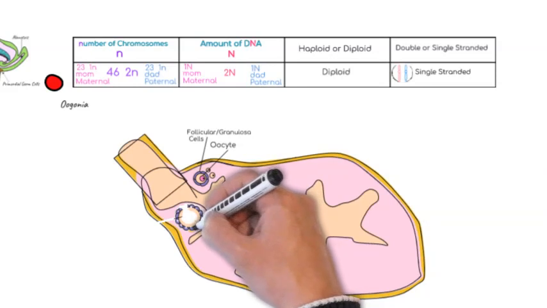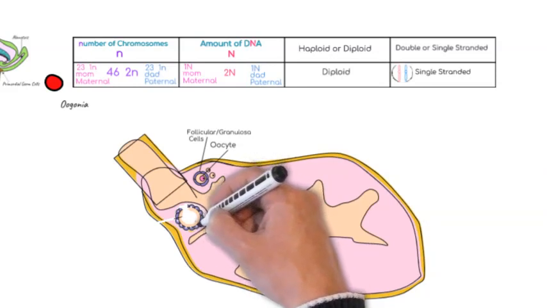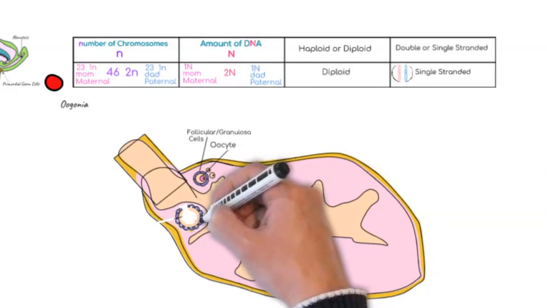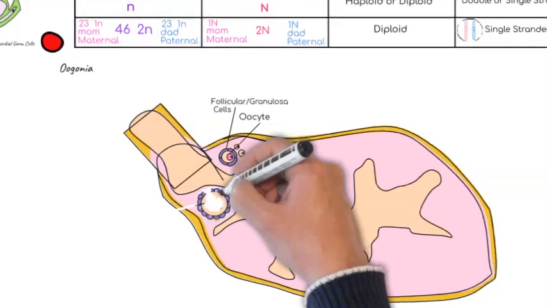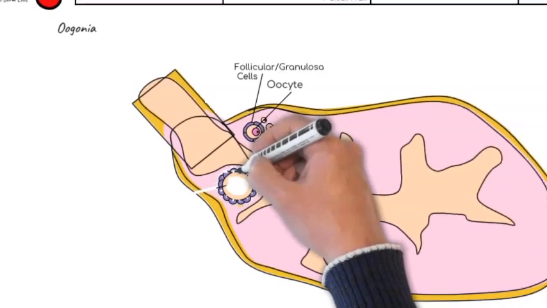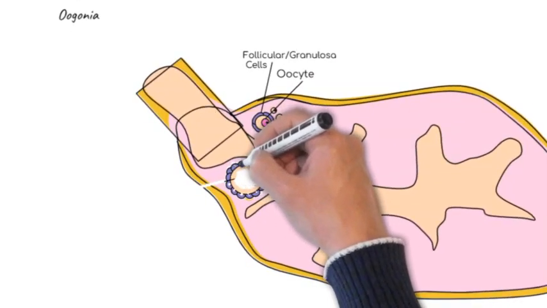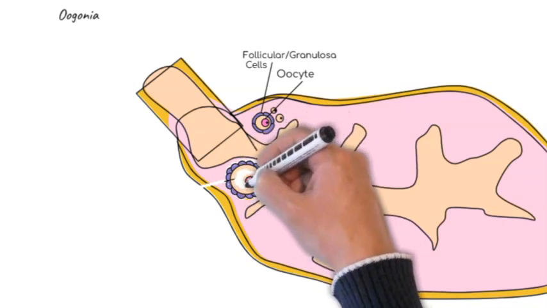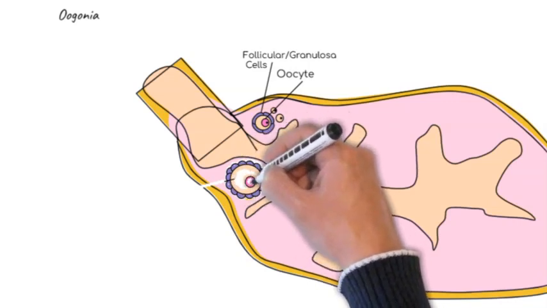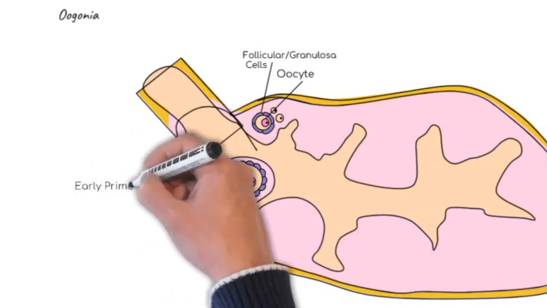So right here, these are called follicular cells. This oogonium, inside of this sheet of follicular cells, continues to enlarge itself and converts into what we call a primary oocyte.